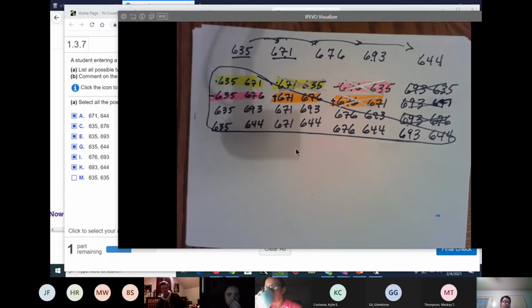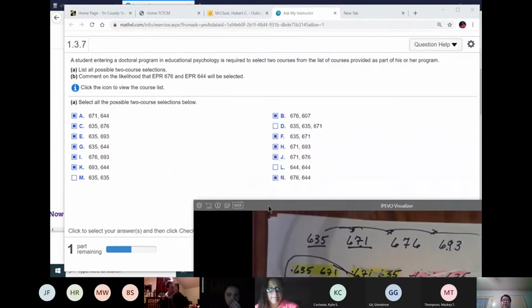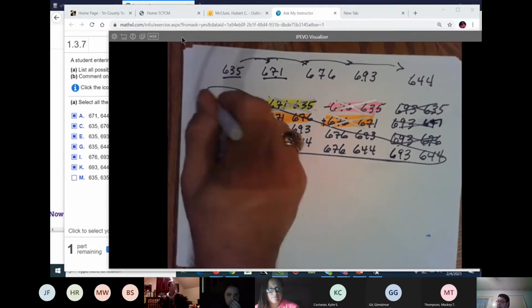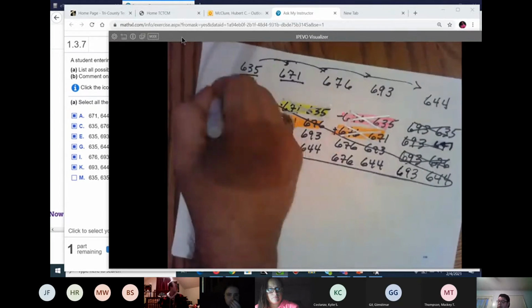And I'm going to take my red marker and mark through what we put down. 635, 671. There it is, F. So we're going to mark through that one. That one's F.